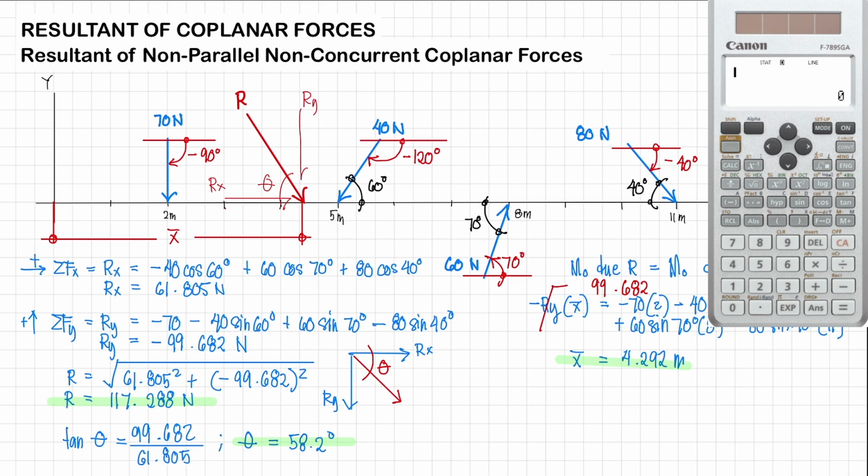Right? So when using the complex method, maybe we should write it down first. So first off, we have our 70 newtons. Let's write it down here for the complex method.